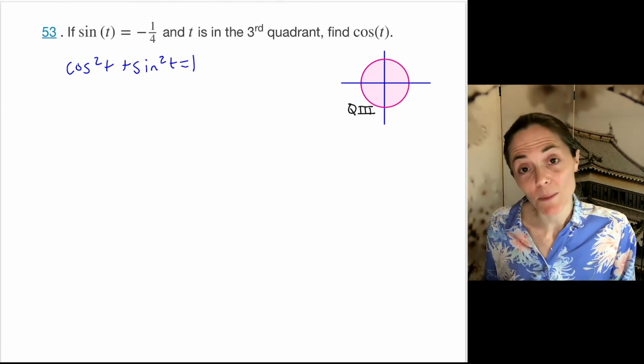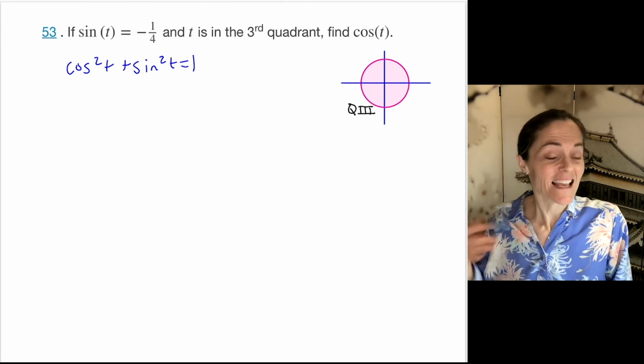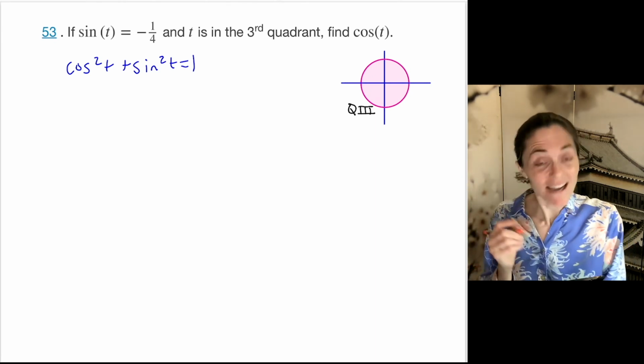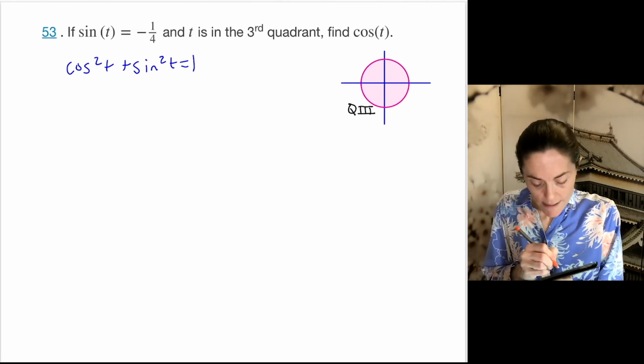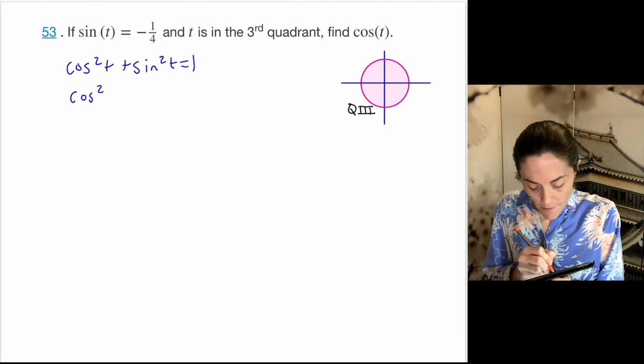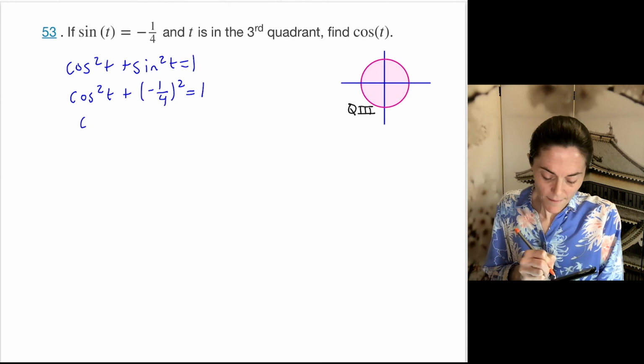We have used this multiple times, not only in the lesson, but also in the exercises. It's a very important identity, trying to stress that to all students. So this says cosine squared plus, here's sine, and then we square, will be 1.